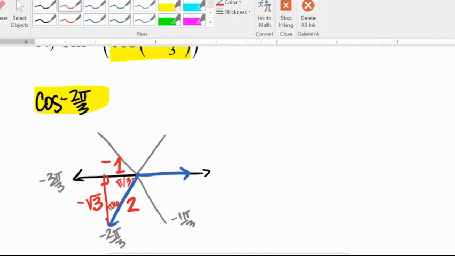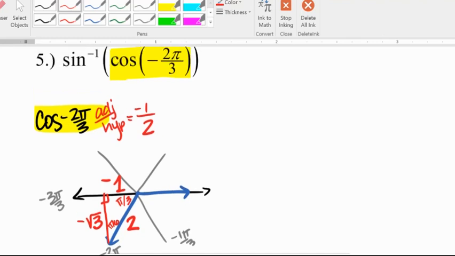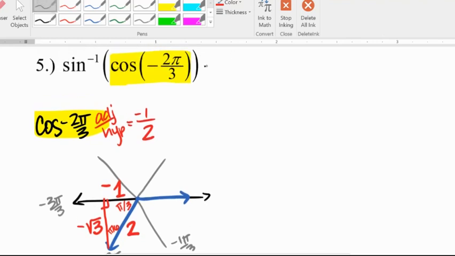All right, cosine of negative 2 pi over 3, that's adjacent over hypotenuse. And then we're going to go ahead and replace that. Adjacent over hypotenuse. And now we're going to find the sine inverse of negative a half.